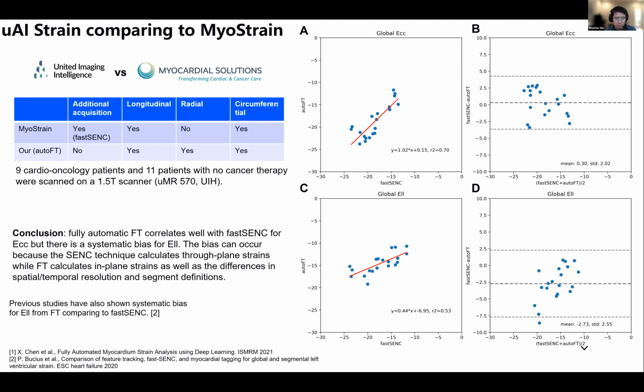Feature tracking means that they use Cine data to derive the feature tracking-based strain, compared to those FastSync-based methods.